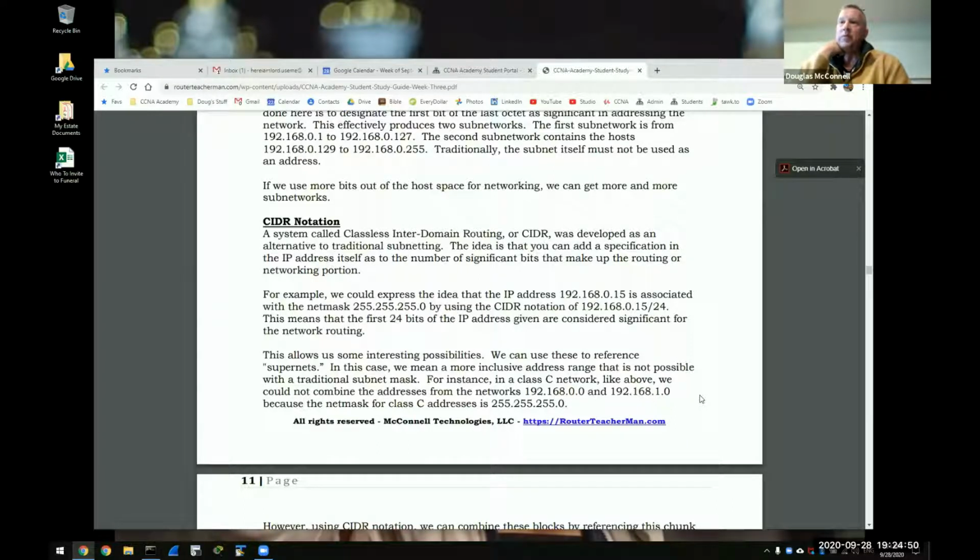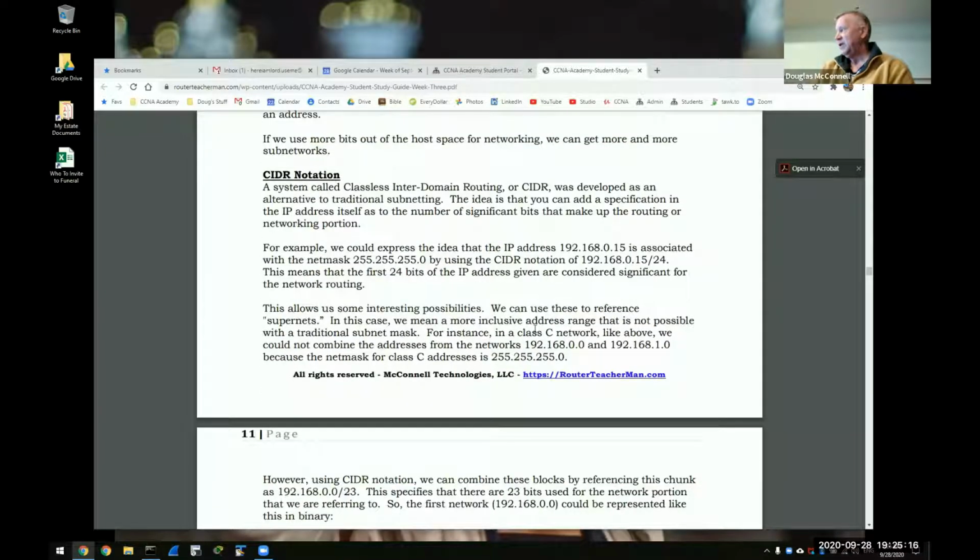How traditional subnet masking was taught was strictly by the class A, class B, class C concept: /8, /16, /24. Because they didn't think they were going to run out of space, so they had to have a way of extending the range of these networks.